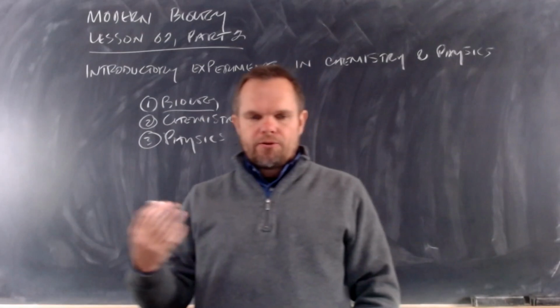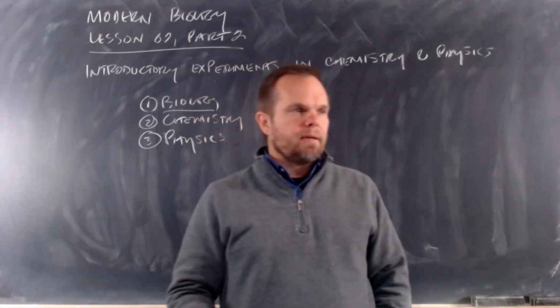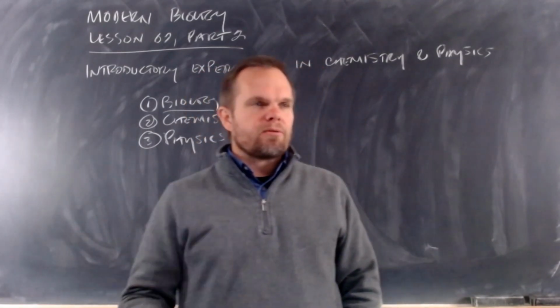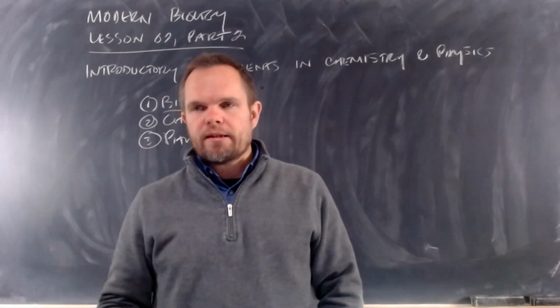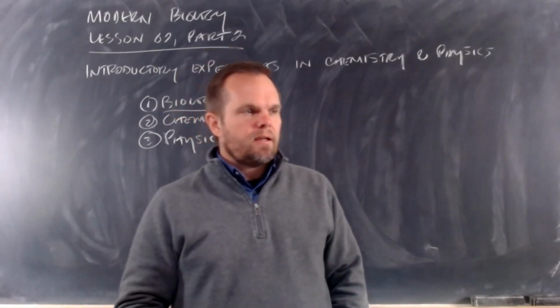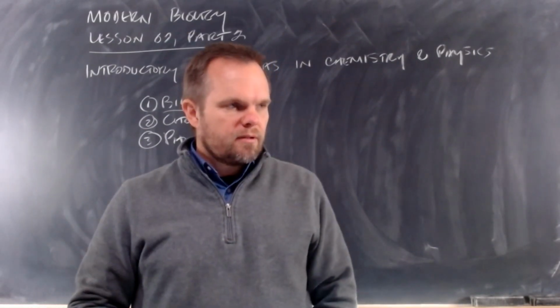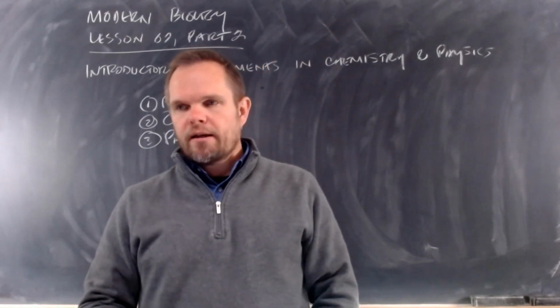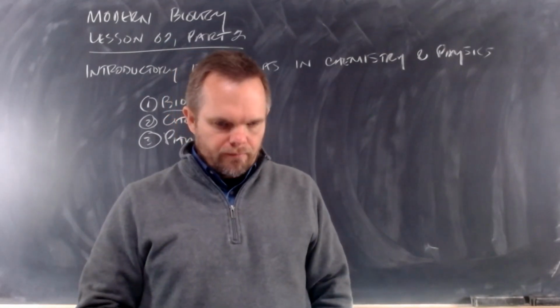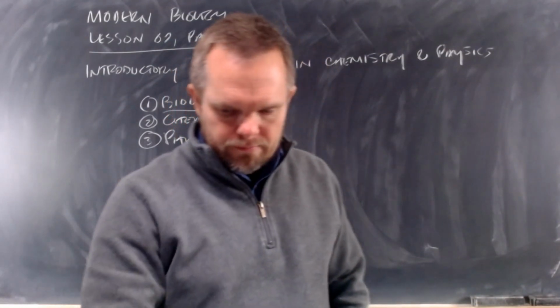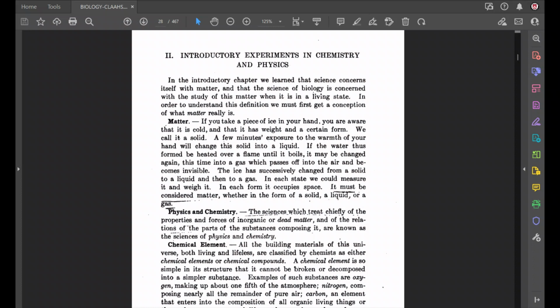Okay, so some introductory observations and information from chemistry and physics that will help us get going in our study of biology. I'm going to switch over to the textbook now.